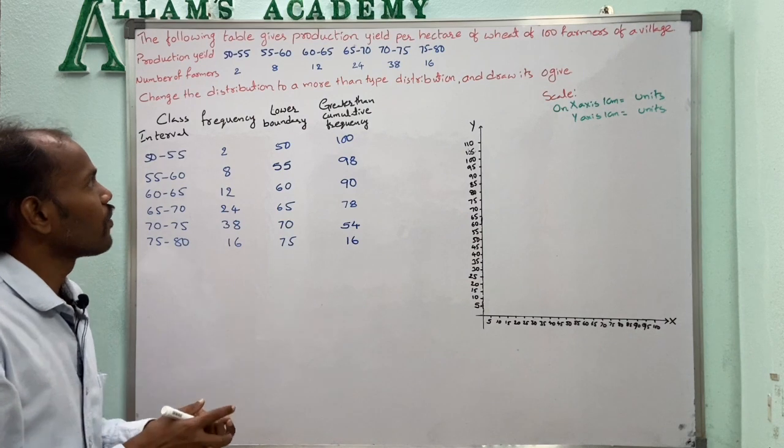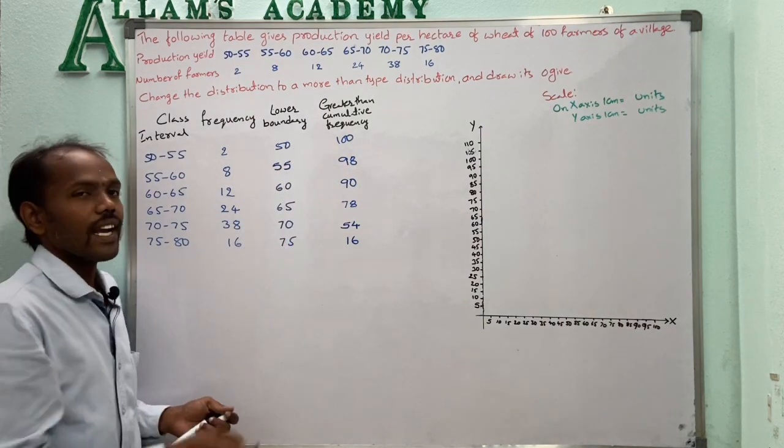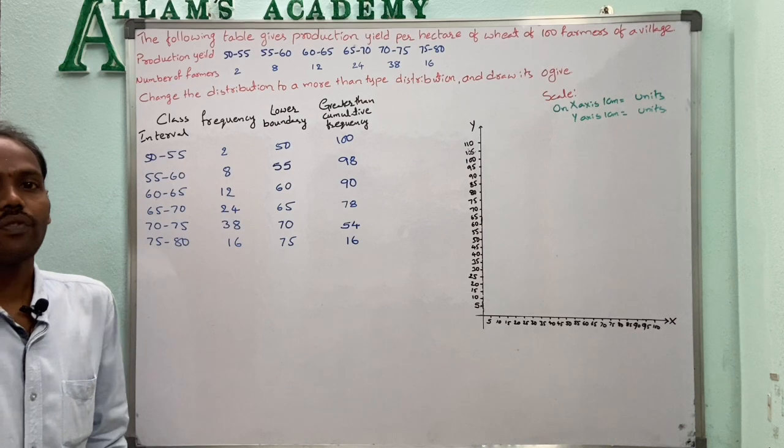So now we have the lower boundaries and their corresponding cumulative frequencies.